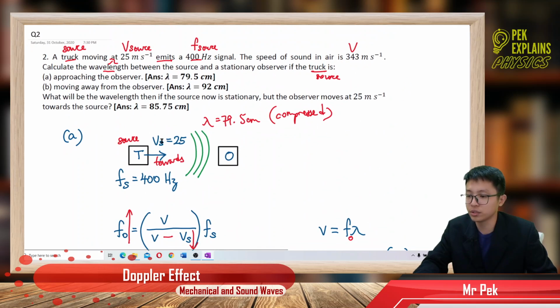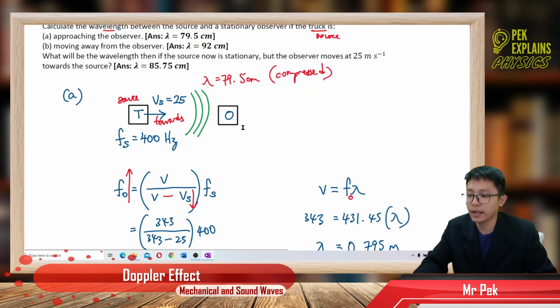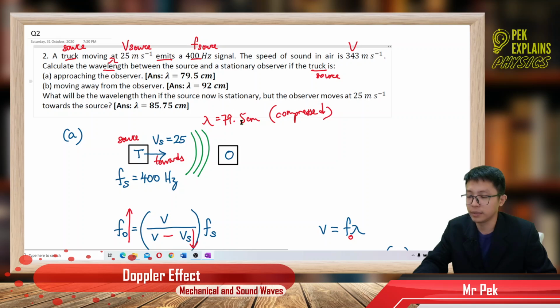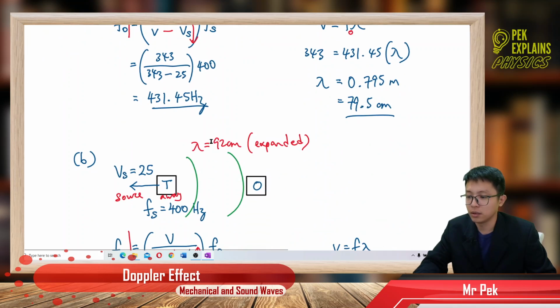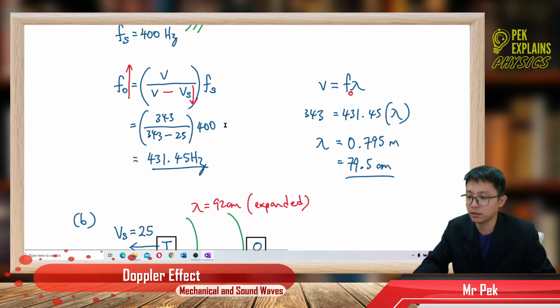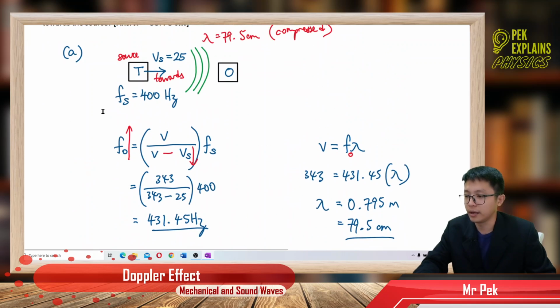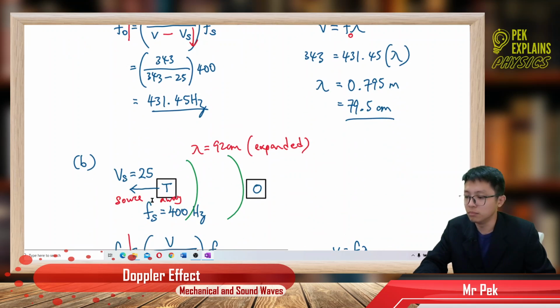As long as the source is moving, the wavelength will change, either to a compressed wavelength or an expanded wavelength.